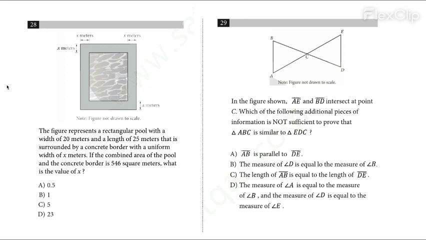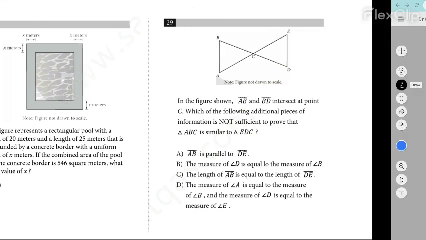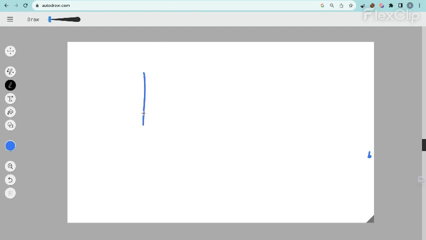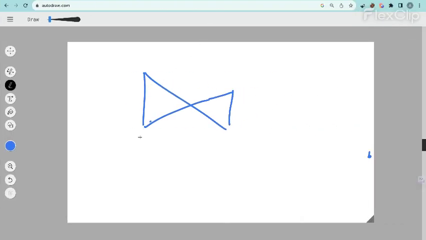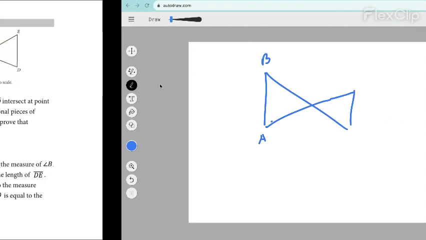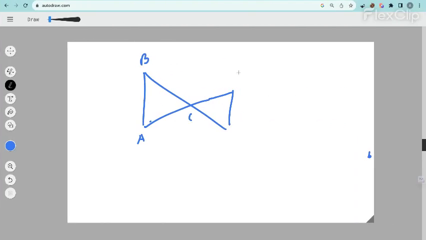The first, AB is parallel to ED. Well, let's see. If we know that AB is parallel to ED, let's first draw this diagram. This is not an exact diagram, but A, B, and C. Okay, first thing, we know that these angles are equal.